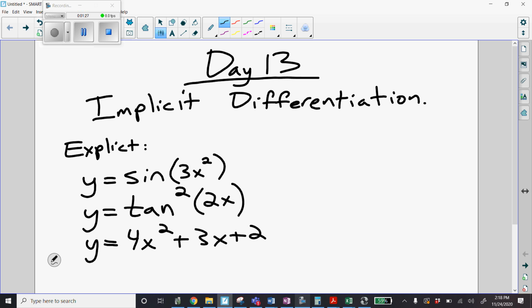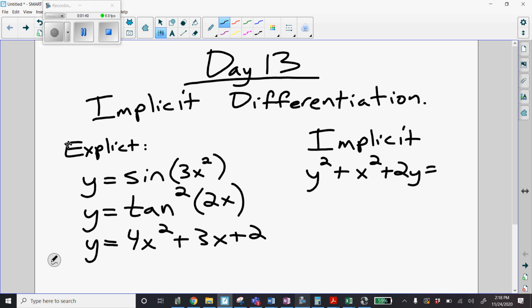So some examples of implicit. We might see something like this. So we might see an equation with y, maybe not solved for y, but y is in there. Sometimes there's multiple y's.